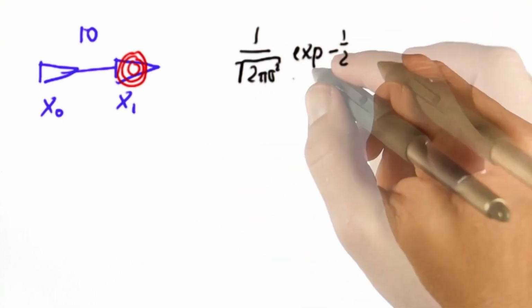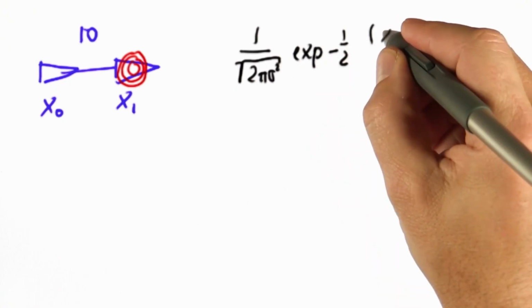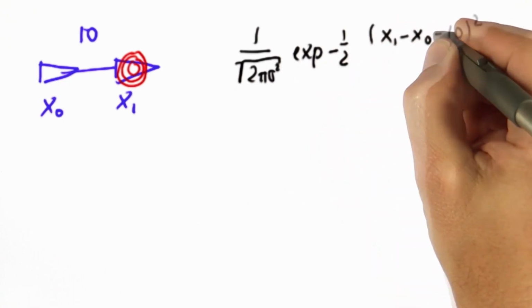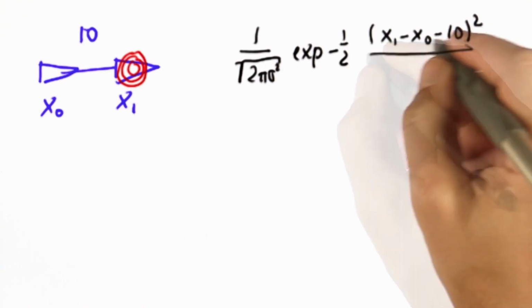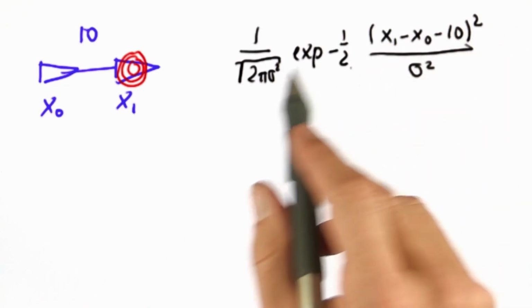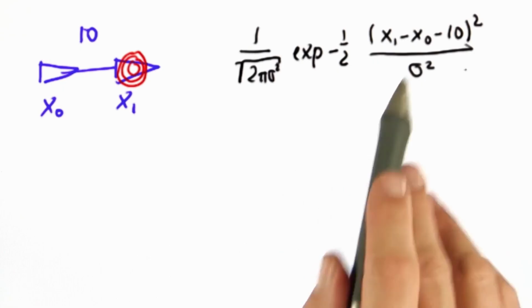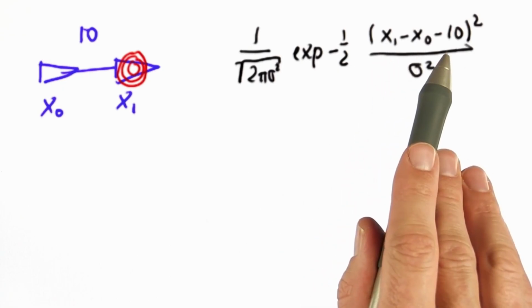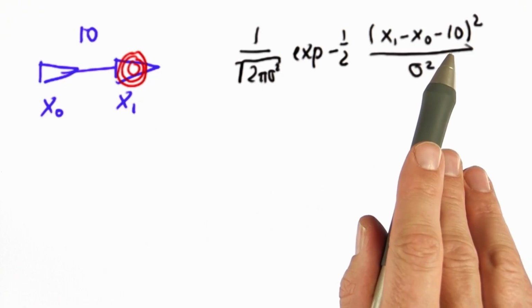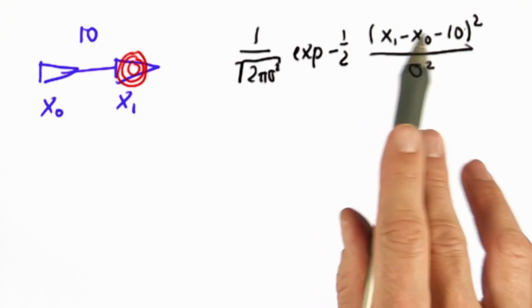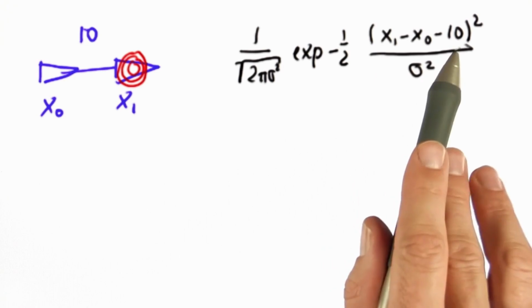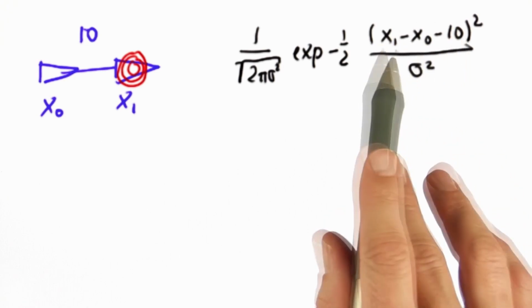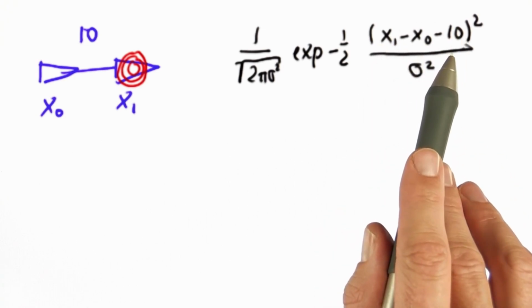There's a constant, and an exponential in the expression, saying that x1 minus x0 should relax to 10, but might deviate from it. This Gaussian constraint characterizes a constraint between x1 and x0 and wishes them to be exactly 10 apart. The Gaussian is maximum when this equation is fulfilled, but if the residual is not equal to 0, there's still a probability associated with it.